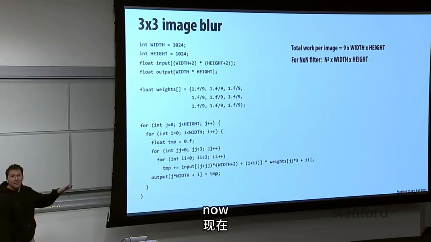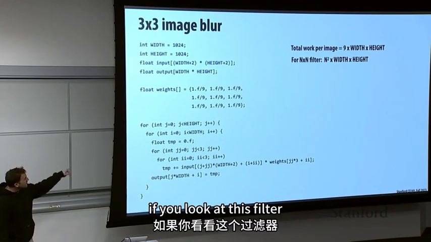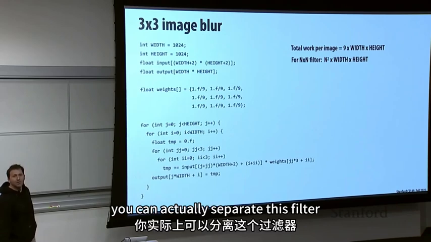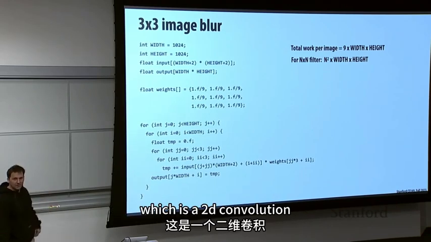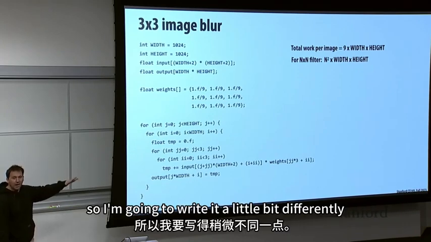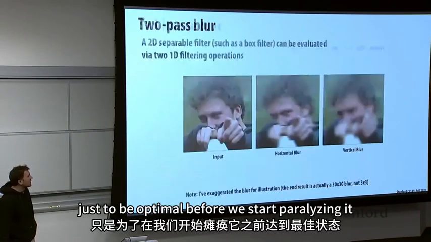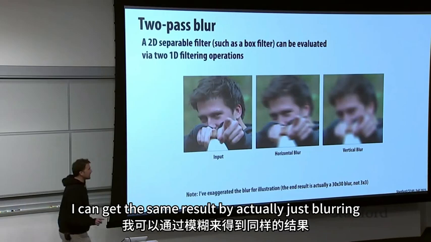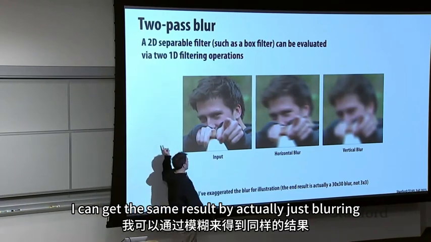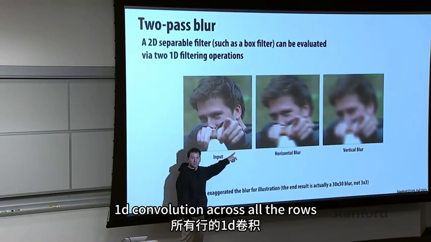Now I need to give you just a small piece of information if you knew this about graphics. If you look at this filter, which is a 2D convolution, you can actually separate it into two 1D convolutions in this case. So I'm going to write it a little bit differently just to be optimal before we start parallelizing it. I can get the same result by blurring with a 1D convolution across all the rows.